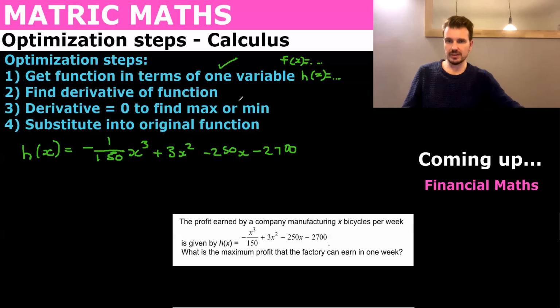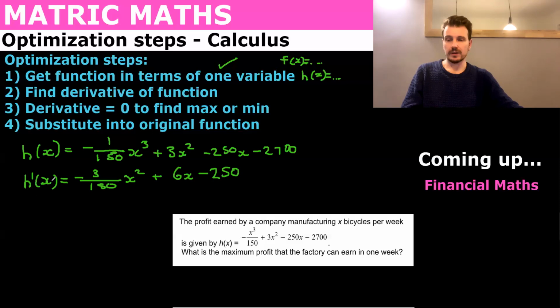Now I find the derivative. I'm doing step 2, which is find the derivative. Okay, so nothing out of the ordinary. 3 times minus 1 over 150 is minus 3 over 150 x squared, plus 6x, because 2 times 3 is 6, minus 250.